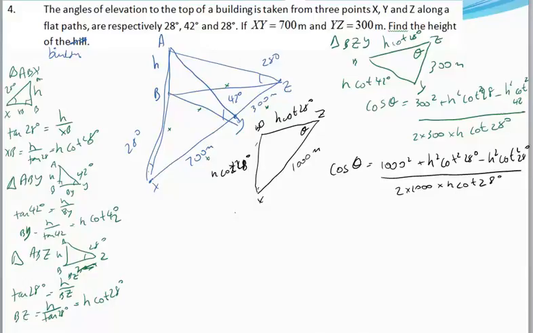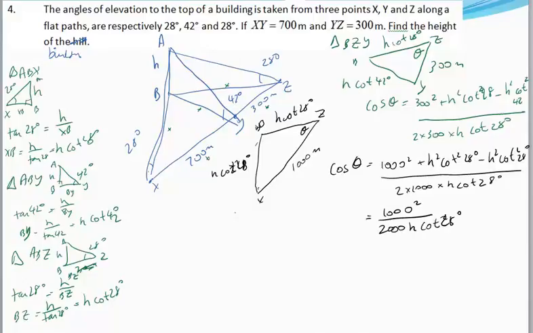These two cancel out, so we can simplify to 1000 squared divided by 2000 H cot 28 degrees.